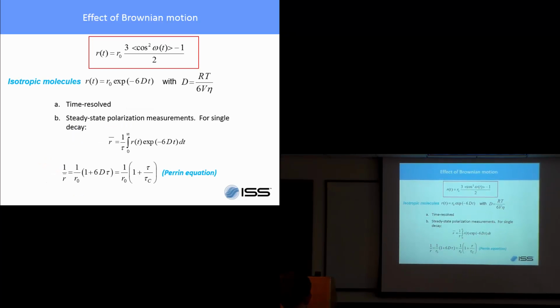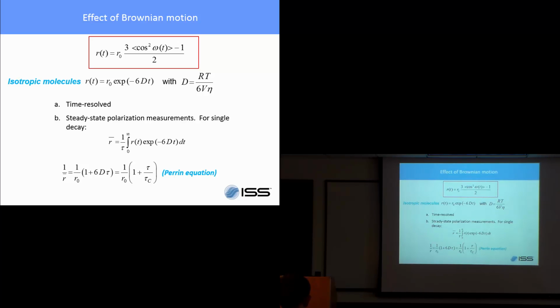Well, so this is a picture of how the polarization goes, but in reality, the polarization can change because of the environment. And the first culprit is really the Brownian motion. The Brownian motion arises because of temperature, and it depends on the viscosity. You have it here. And we can follow a relationship for isotropic molecules that follows this law.